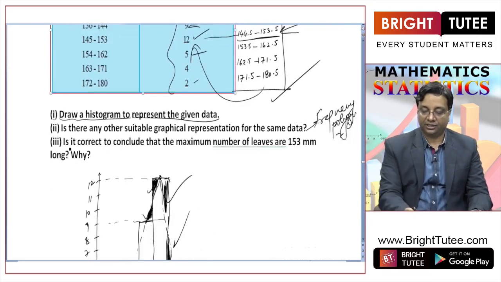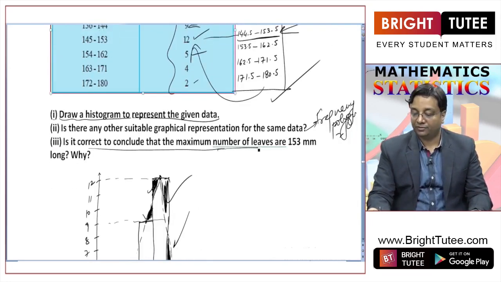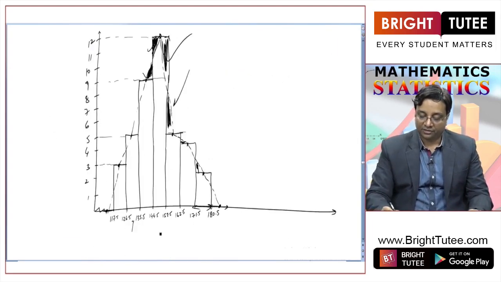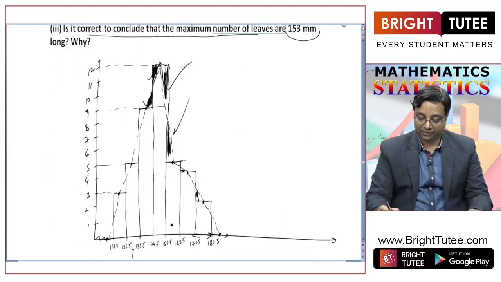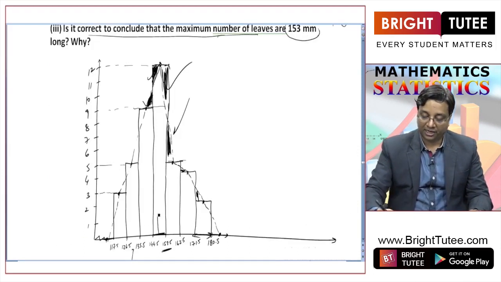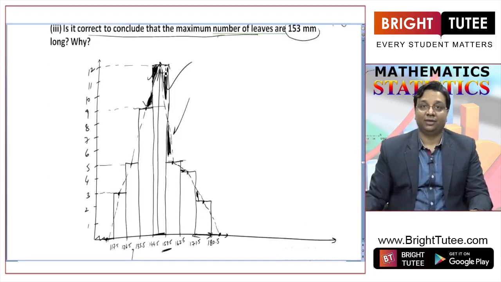And is there any other question? Is it correct to conclude that the maximum number of leaves are 153 mm long? So where is 153? 153 is somewhere between 144.5 and 153.5. Now this bar has got the maximum height.